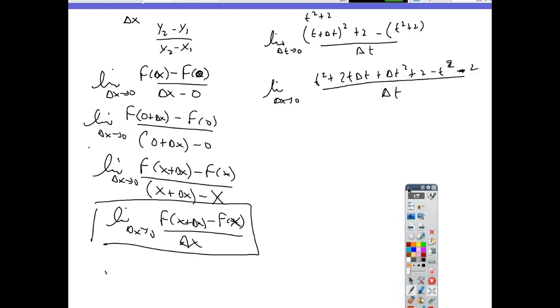Everywhere I see an x, I replace it with x plus delta x. So I went in the expression and replaced it with t plus delta t for the first part. That's this. Minus, write down the expression. Wrote down the expression. Because t is squared, no choice. The function squared, right? So I'm putting it in where the function is.